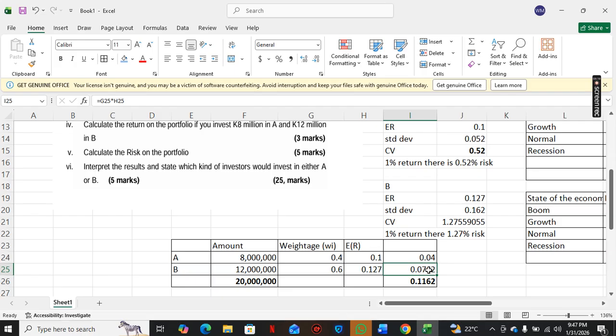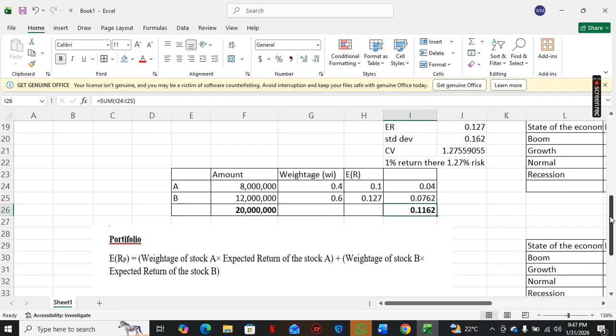Okay, then you just add them. 0.04 plus 0.0762, you get 0.1162, which is same as a return of 11.62%. So if you invest in both A and B, and you made a portfolio of them, your expected return is 11.62%.